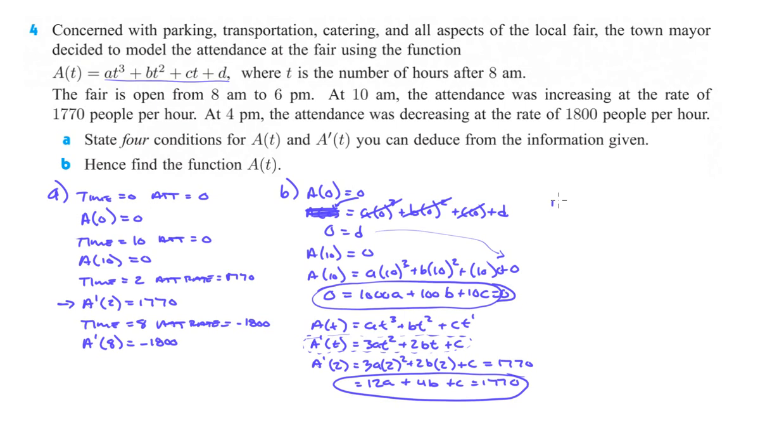So we know that A prime at 8 equals, let's see, 3a times 8 squared plus 2b times 8 plus c, which again we know equals negative 1800. Okay, so here's a third equation.